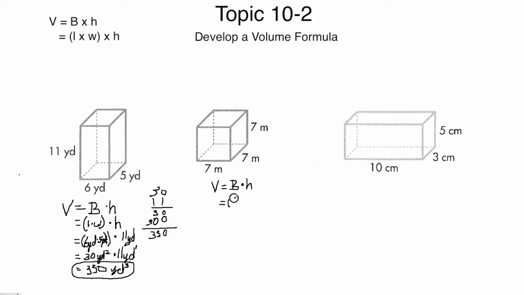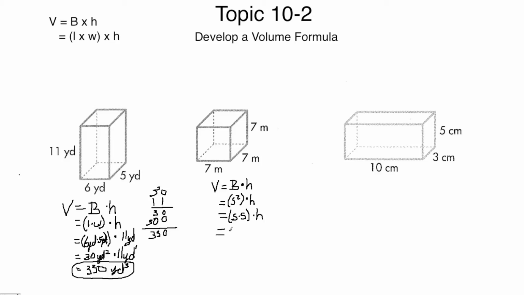Then we put in s squared, because that's the shape of the base, times the height, and then we expand s squared to s times s times the height.